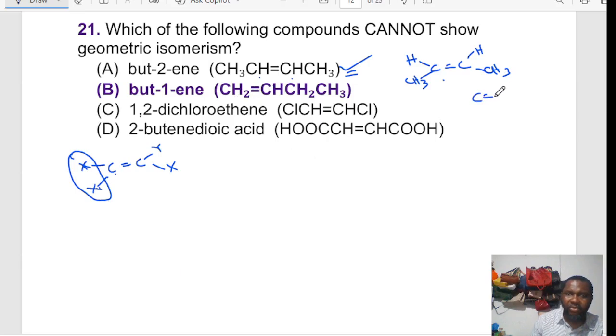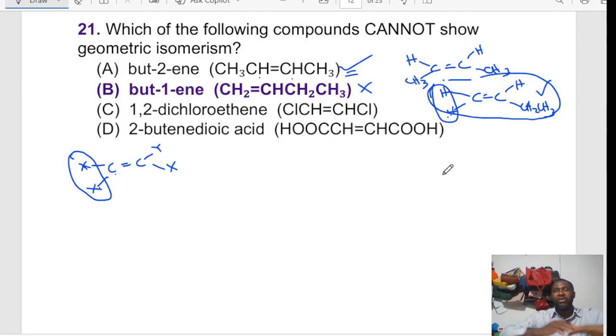You have C double bond C, but this C now has two hydrogens, hydrogen and hydrogen. And this other one has a hydrogen, then now has CH2, CH3. Of course, this will definitely be the answer because this does not exhibit isomerism. Because you can see hydrogen, hydrogen on the same carbon. That would be very wrong. They need to be on different carbons for them to experience isomerism.